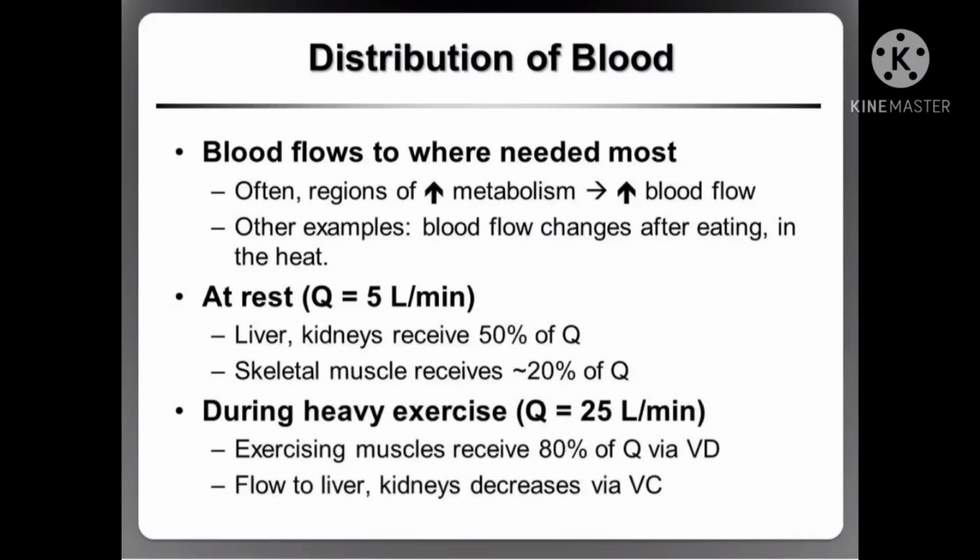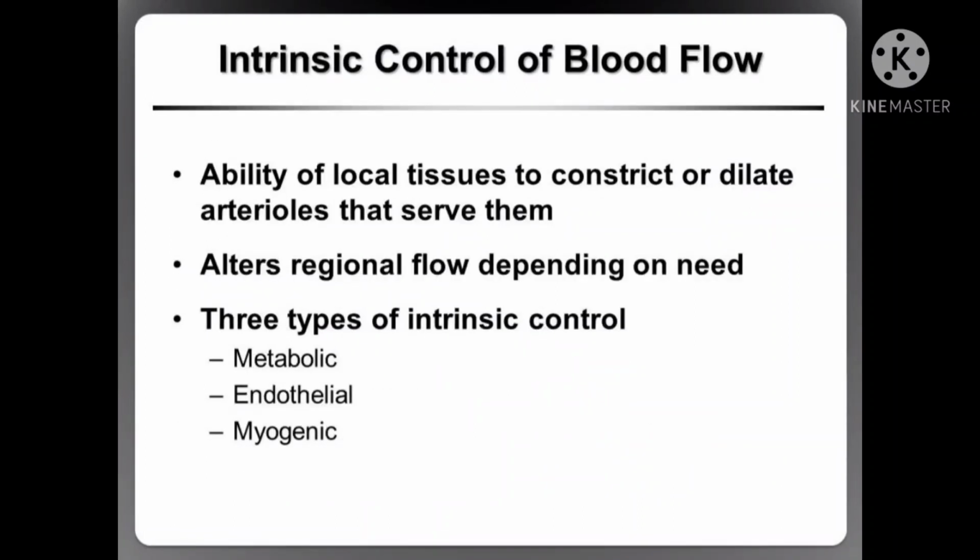Distribution of blood. Blood flows to where it is needed most, at rest and during heavy exercise. Intrinsic control of blood flow is the ability of local tissues to constrict or dilate the arterioles that serve them.